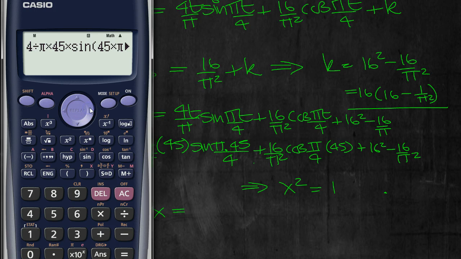So 4 divided by pi sine, that's good. 16 divided by pi squared. Yeah, cos, plus 16 squared minus 16 over pi squared equals 212.718. So let's put that down.